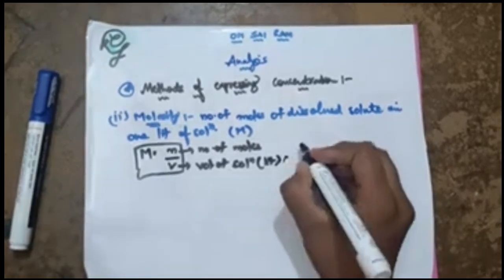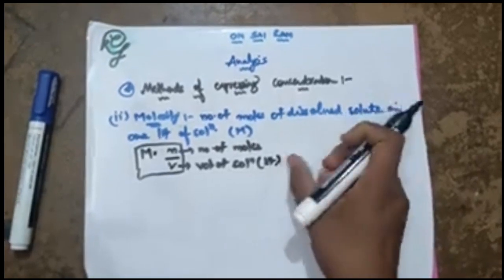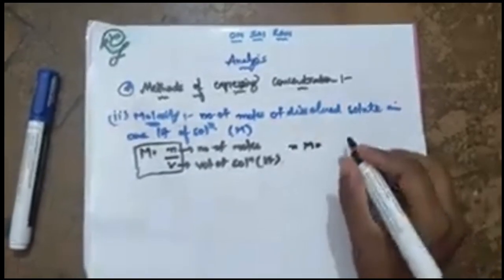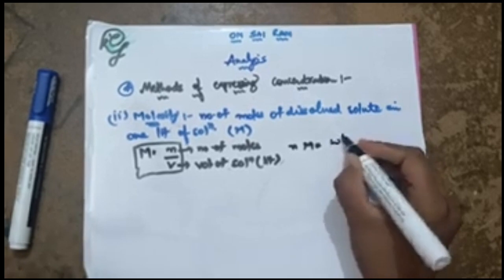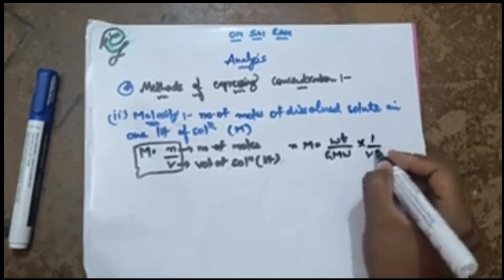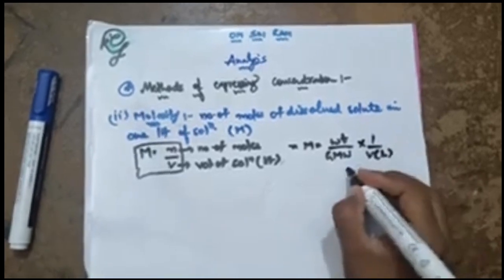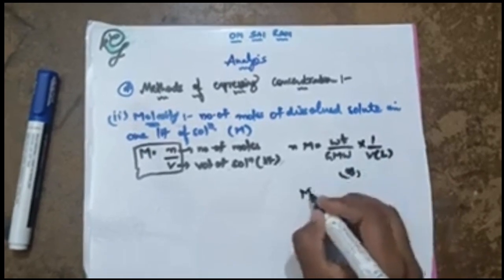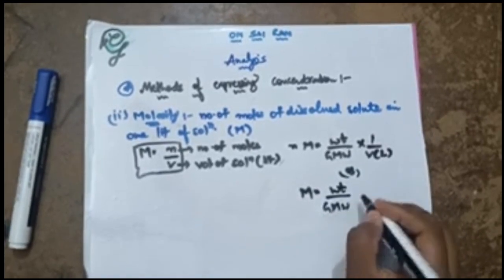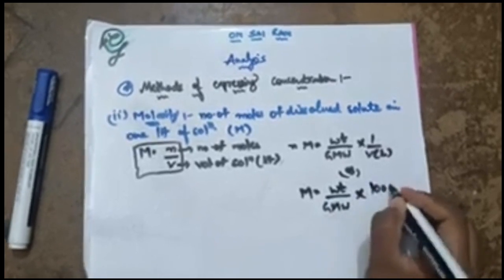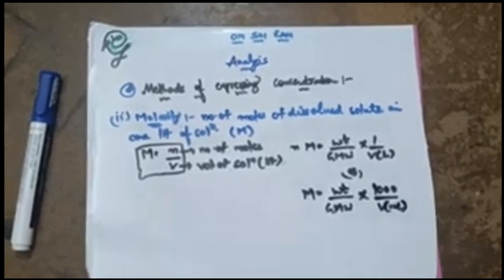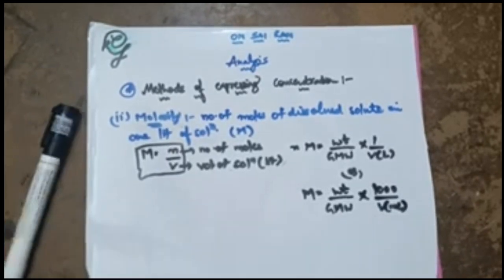The other formula: number of moles is weight by gram molecular weight, so M is equal to weight by gram molecular weight into 1 by volume in liters, or you can also write it as weight by gram molecular weight into 1000 by volume in ml. These are very important formulas.